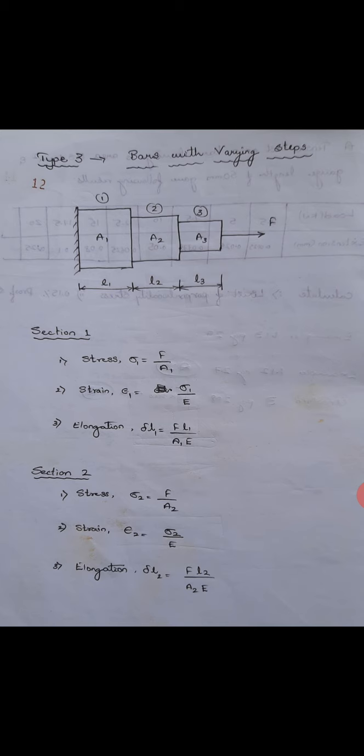Third, elongation delta L2 is F into L2 upon A2 into E. F is common, L2 is the length of the second section, A2 is the area of cross section of the second section, and E is common.